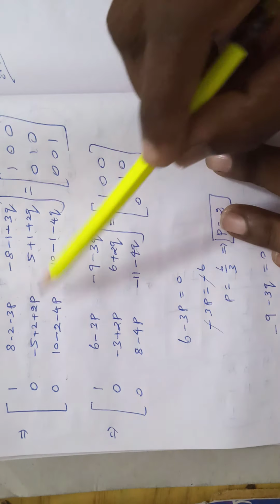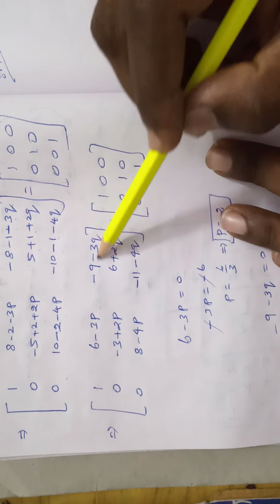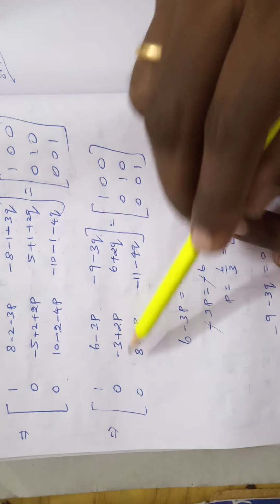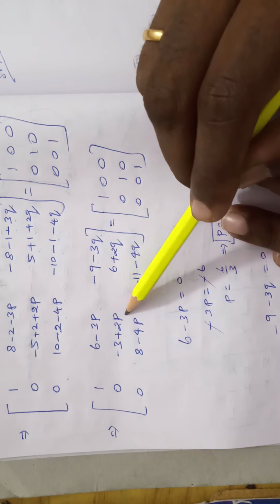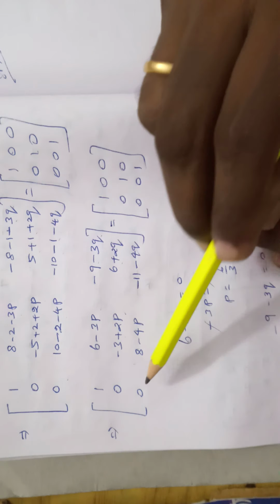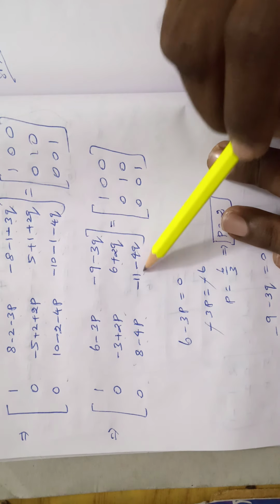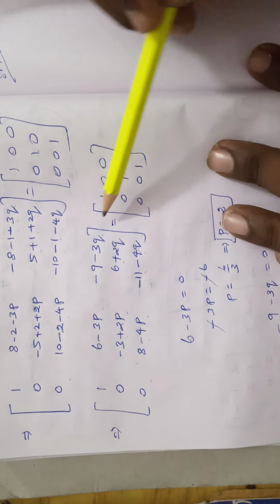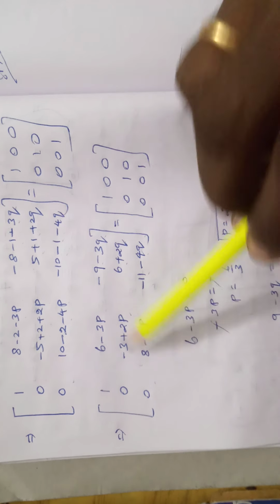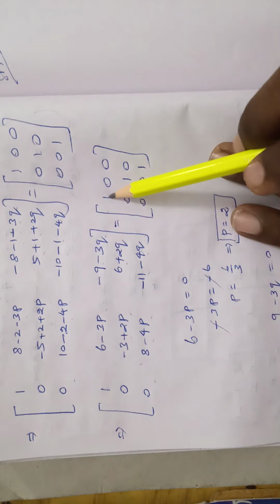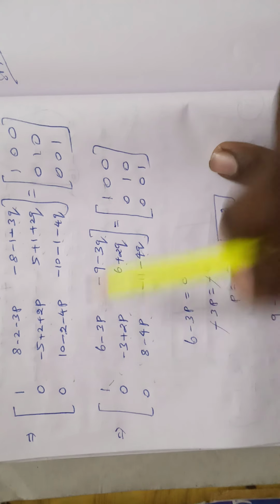Reducing the values: 6 minus 3p, minus 9 minus 3q; 0, minus 3 plus 2p, 6 plus 2q; 0, 8 minus 4p, minus 11 minus 4q. So equating these two matrices, at this place both values are the same, 1 and 1.